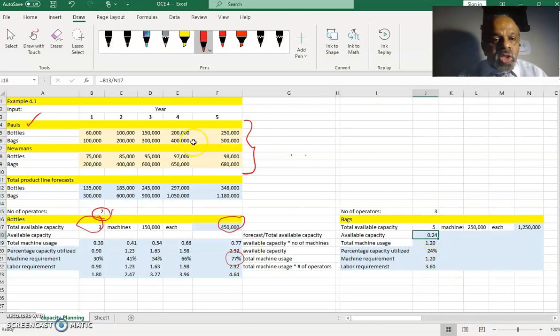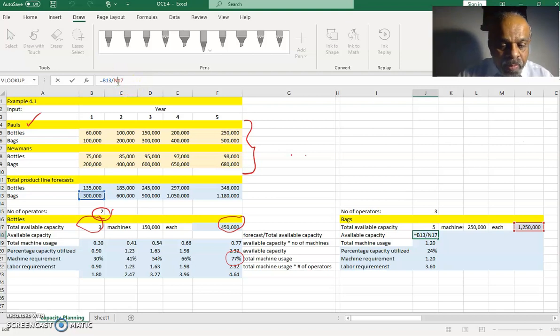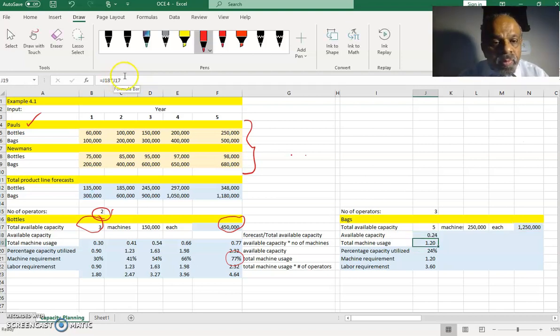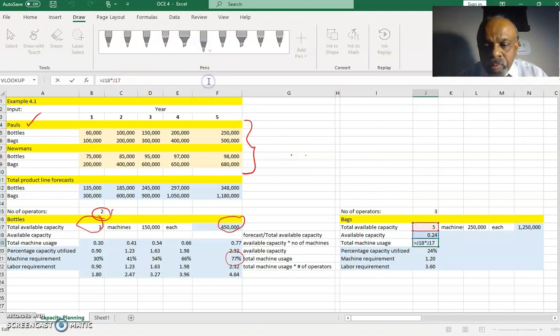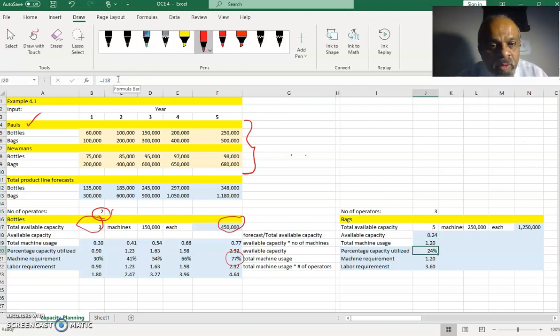Let's make N17 absolute, J17 absolute. This is fine.